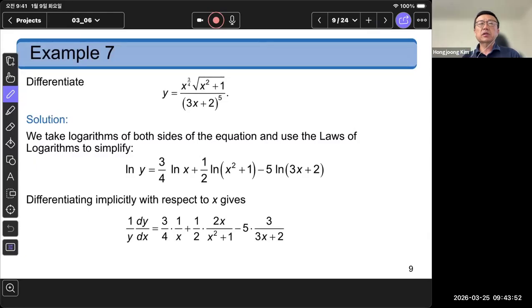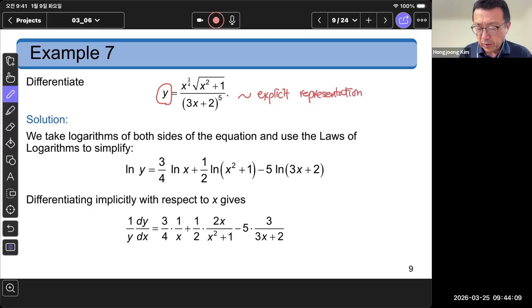Here is the example. An explicit representation of y is given, but this explicit representation is quite complicated.